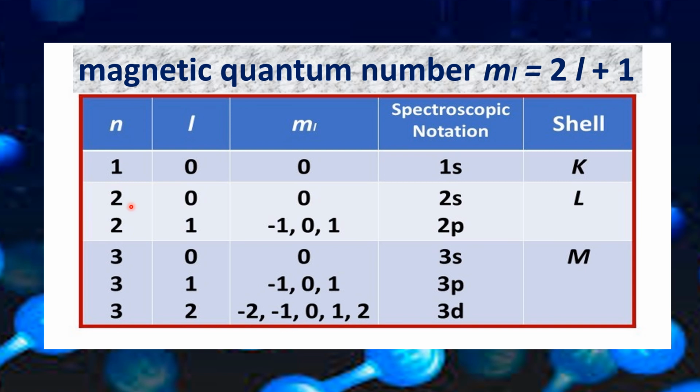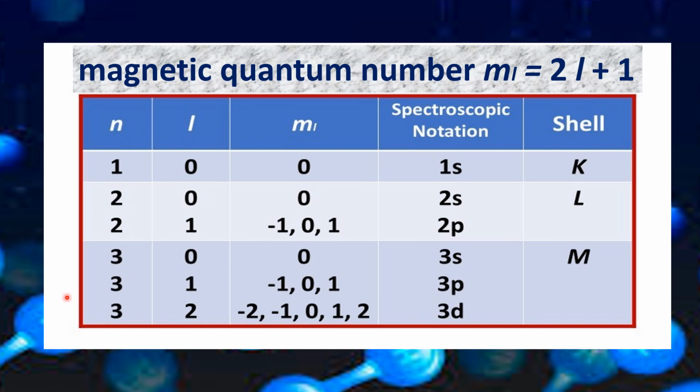If n is 2 and l is 0, m sub l can only be 0. If n is 2 and l is 1, m sub l can be either negative 1, 0, or positive 1.